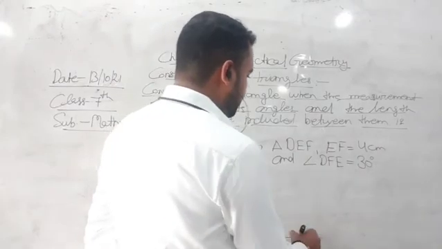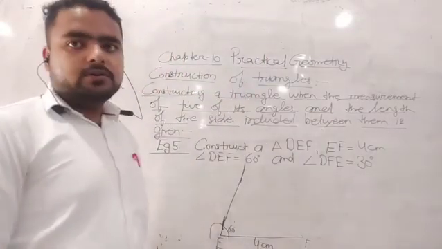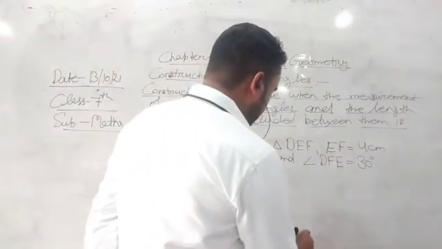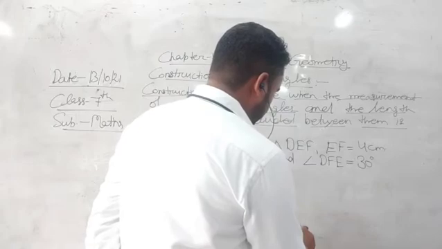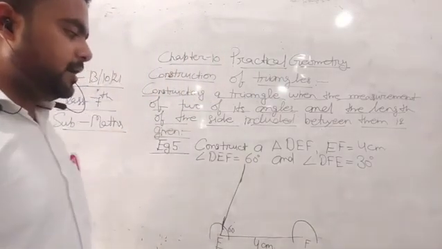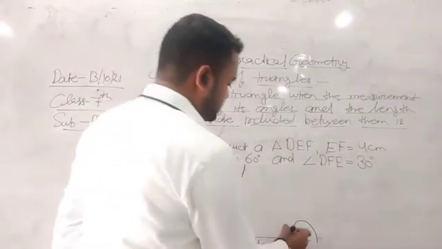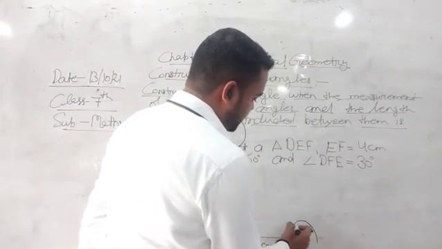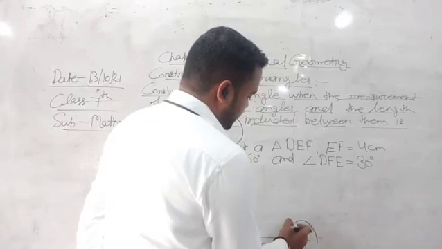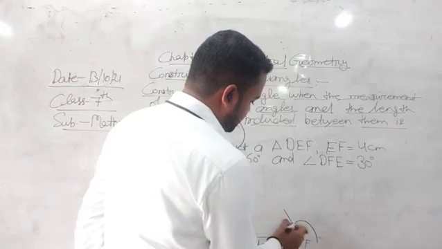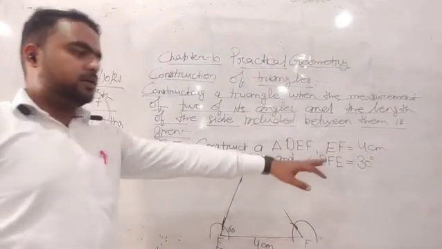And from point F you have to draw the angle of 30 degree. For that, draw an arc from center F and with a suitable radius, and with the same radius put the point of your compass here. Make an arc here and by joining these 2 points, here is your angle of 60 degree, and you have to draw a 30 degree angle.